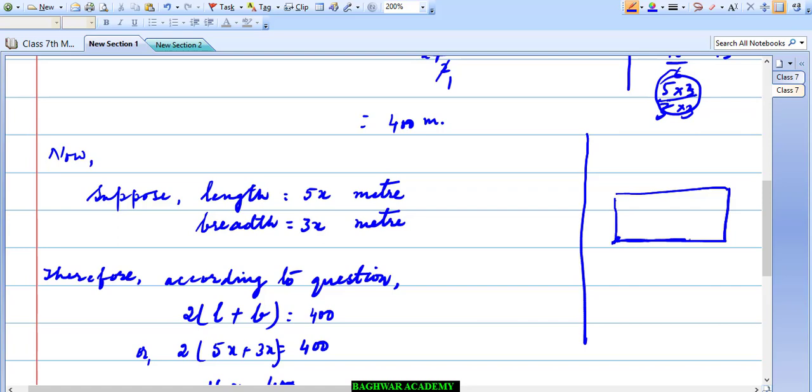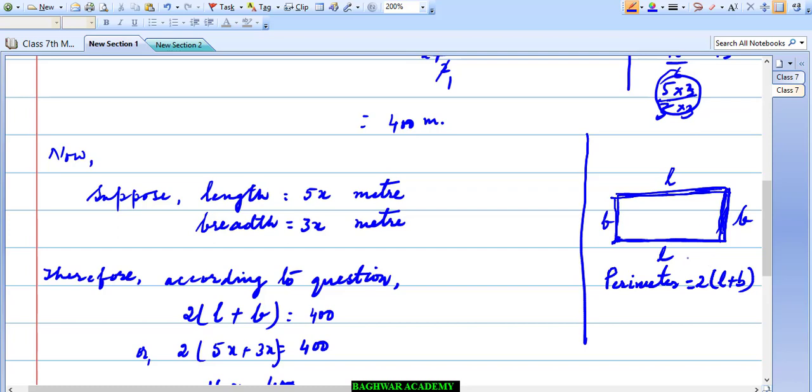It is started from here, then this portion is fenced, then this portion, and this portion. So you are taking L, B, again L, and B. The total length of the boundary, if you remember, is the perimeter, and perimeter is equal to 2 into (L plus B).